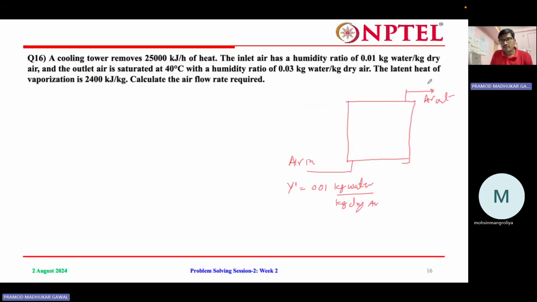And here, sorry, that's the saturation humidity, 0.03, unit is the same, kg of water per kg. So here we have the latent heat of vaporization given, and the cooling tower removes heat, which means how much heat is removed after cooling the water is given here.